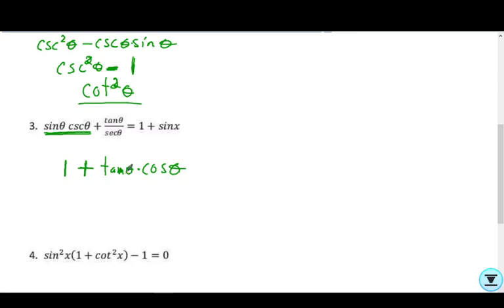So again, I have tangent times cosine, which is sine x. And that's what I'm looking for. Okay? So that's the other thing. Once you start using these more often, when you see tangent times cosine now, you should know that that is sine. Okay?